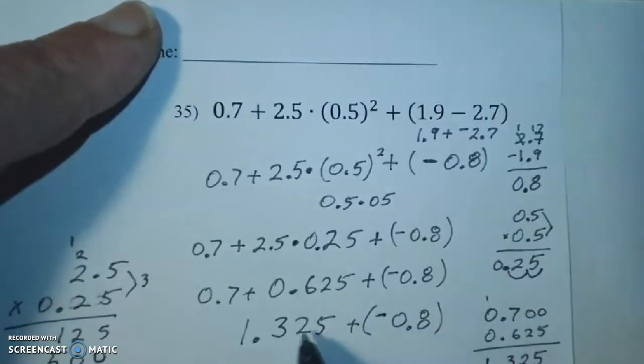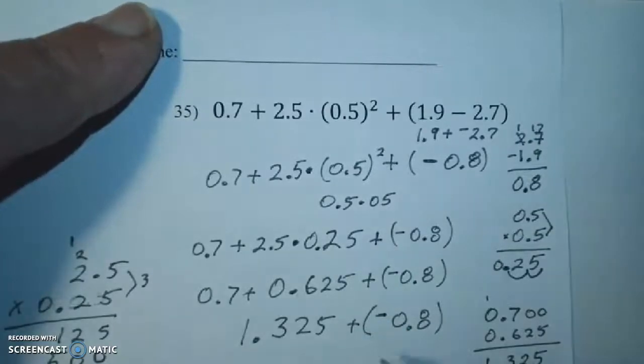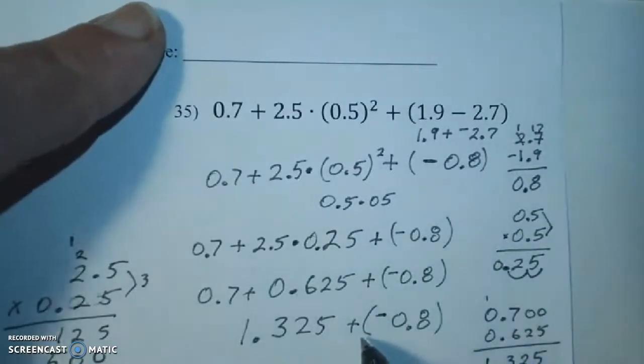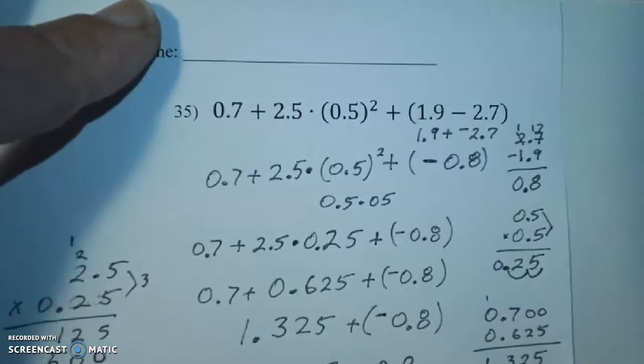If you're good with handling it that way, great. I would remind you that when a positive and a negative are right next to each other like that, the negative wins. That's the dirty water story. So that becomes a negative 8/10 or a minus 8/10. So this is 1 and 325 thousandths minus 8/10.